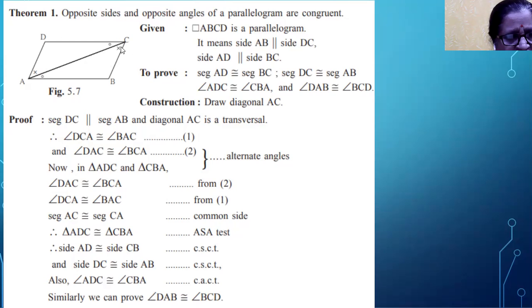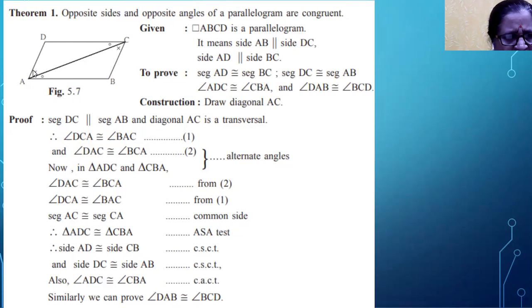Last time we have seen that angle DCA is congruent to angle BAC, and these two angles are congruent.